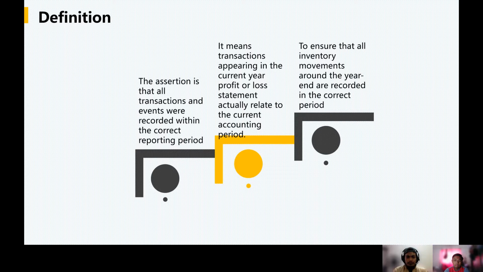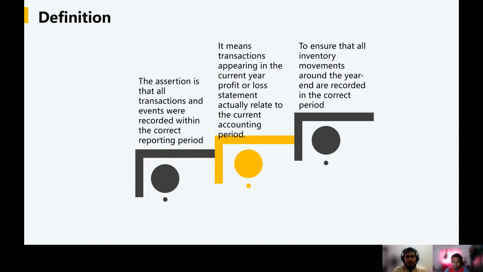The second definition means transactions appearing in the current year profit or loss statement actually relate to the current accounting period. And the last definition is to ensure that all inventory movements around the year end are recorded in the correct period.